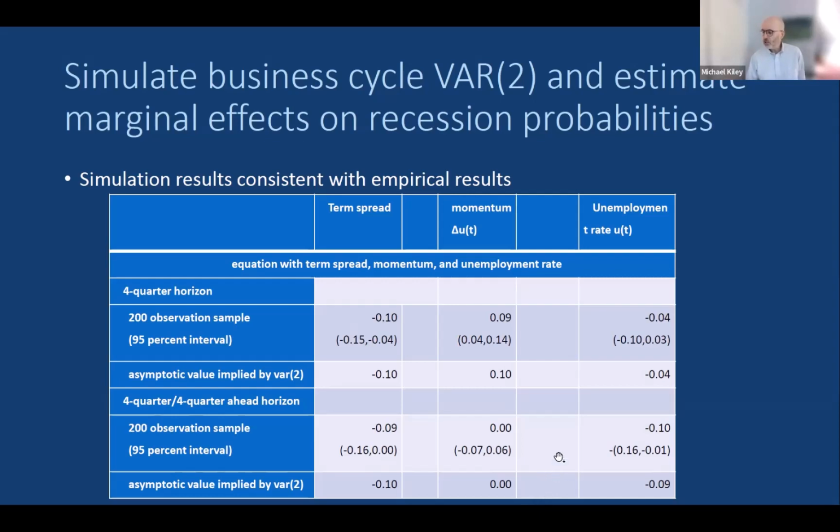So what this shows you is, gosh, actually, in a standard model, everything that I've talked about in terms of how to think about the data, how to think about near versus medium versus long-term predictors of recession, is just what one should expect from a very standard representation of the unemployment and term spread time series, that there's nothing surprising in these results.